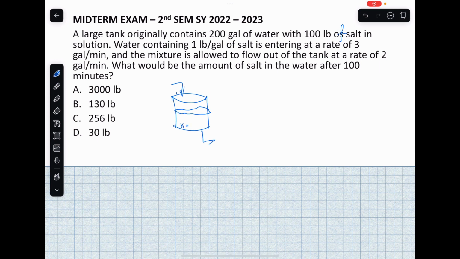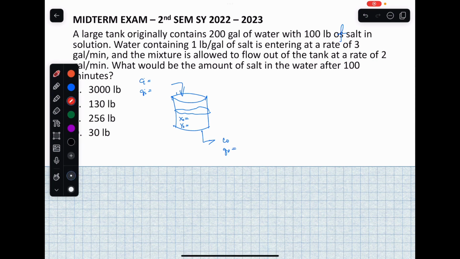So initial volume, so CI, QI, C out, Q out. The tank originally contains 200 gallons of water, with 100 pounds of salt initially in the solution.